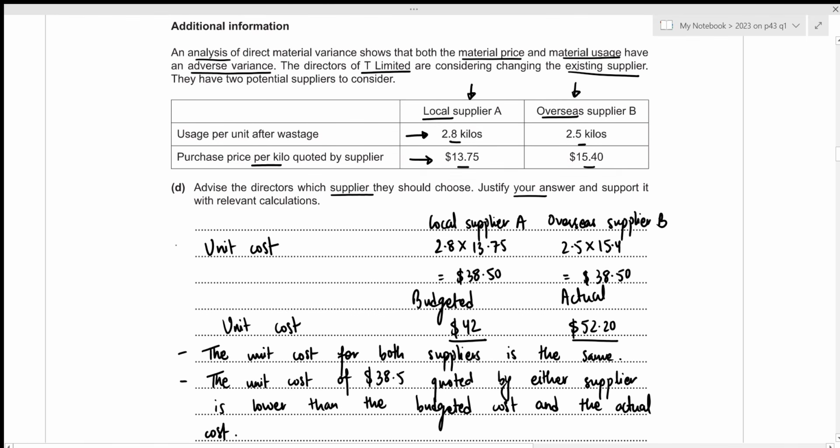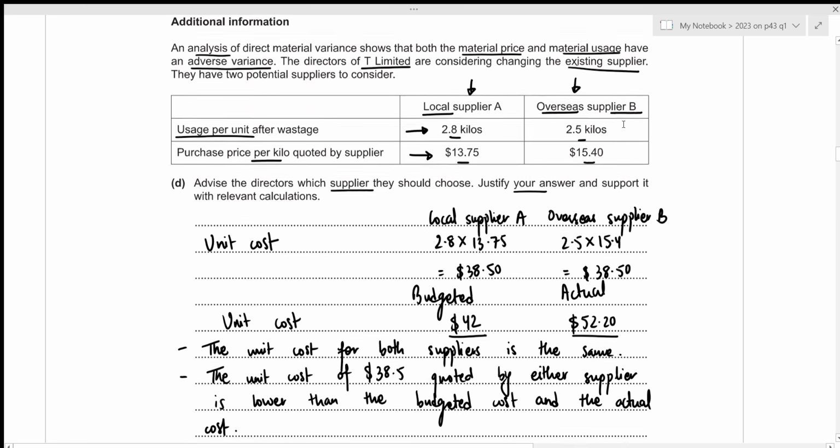Okay, the next thing that we can comment on would be the quality of the materials. And in this case, the quality can be determined by the uses per unit after wastage. So lower the uses, it means that we can produce a unit by consuming lower materials. So that increases efficiency. And in this case, we can see that the lower uses per unit is for the material supplied by overseas supplier B, which means that the quality of materials from supplier B is better than from the supplier A, and that is because of less wastage.